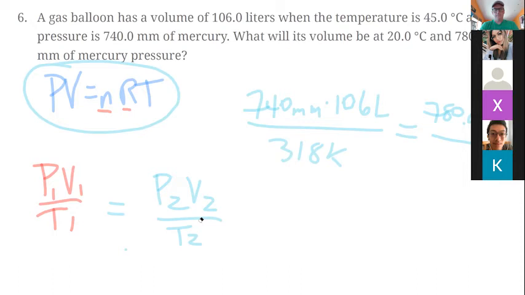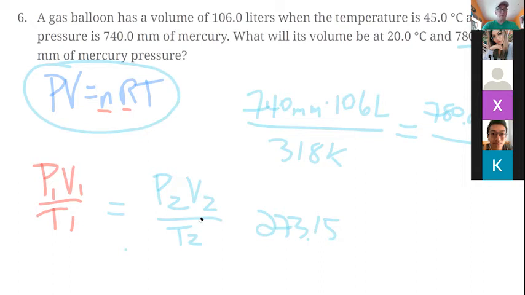I added 273. Right, so you either add 273 or you can add 273.15. Generally, I usually use the 273.15, because I've got 4 significant digits in my pressure, so I might as well go ahead and add the 0.15.